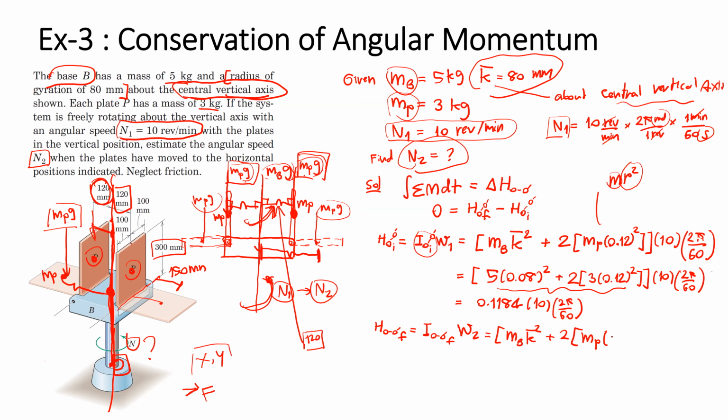So here will be the half width of the base, 0.12 meter, plus the half width of the plate, 0.15 meter, square.